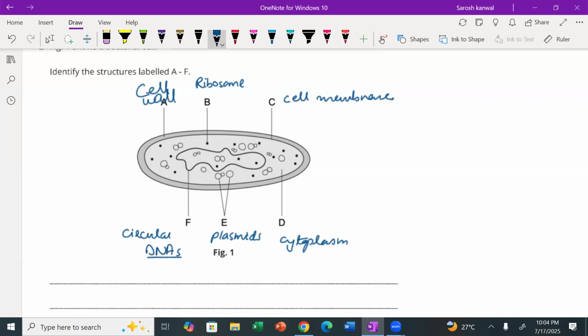Okay, now how do the circular DNAs and plasmids differ?